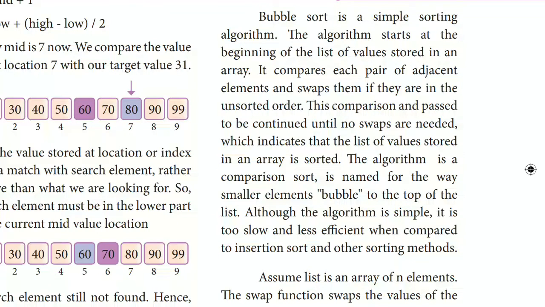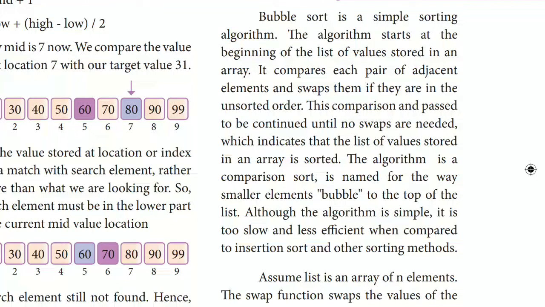The algorithm is a comparison sort. It is named for the way the smallest element moves. So why do they name this algorithm bubble sort? A bubble is the smallest part in the water, air formed in a bubble form.